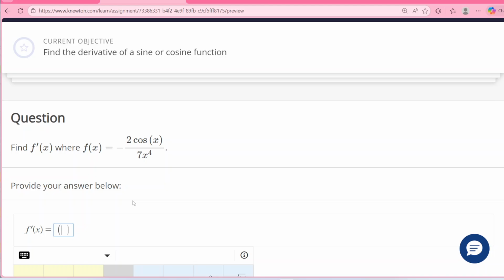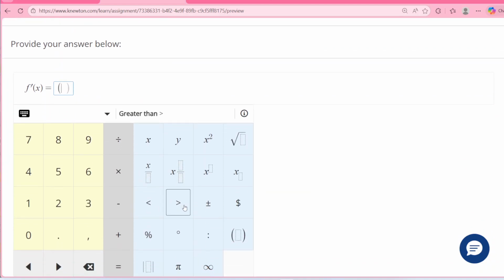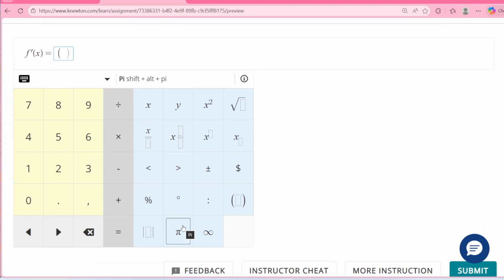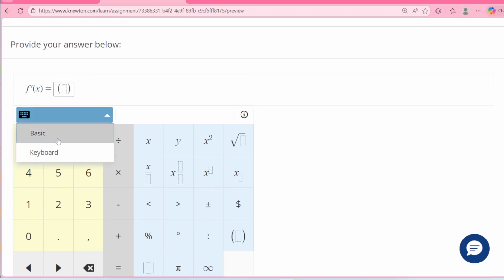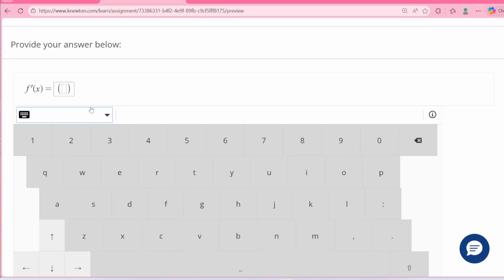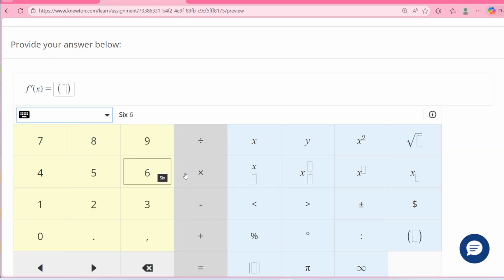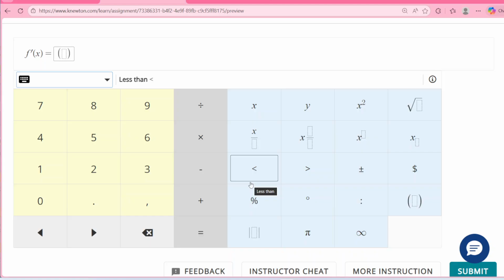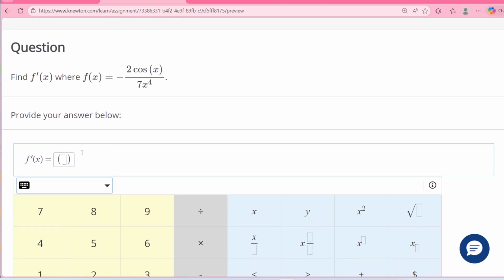Or you can use, there should be some fraction thing. Well, I'm not seeing it here. Maybe it's in this other keyboard. Nope. All right, whatever. So make sure you have parentheses around your entire numerator.